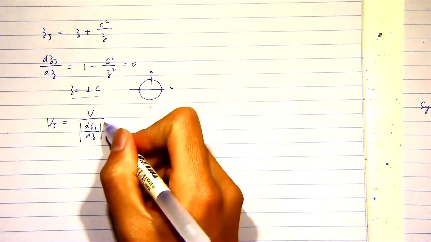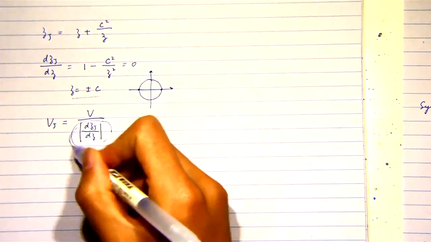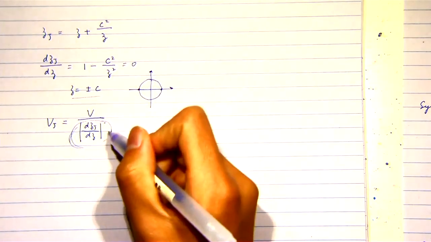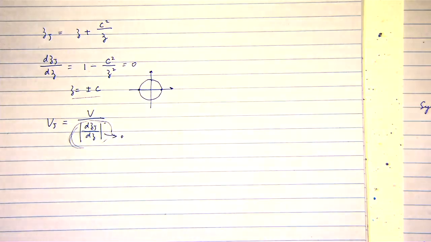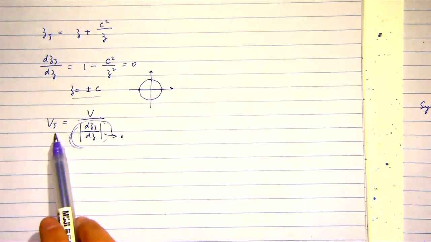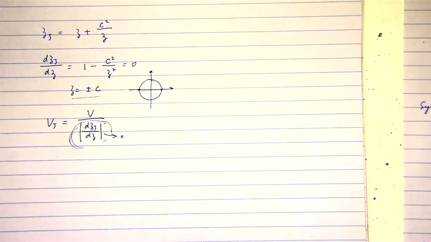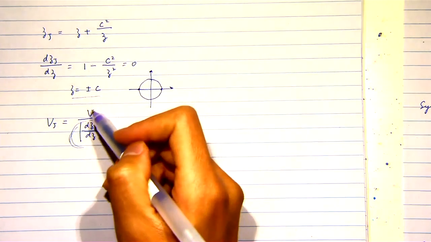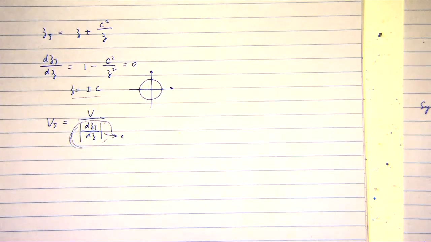If we take a closer look at this term, at the two critical points this magnitude goes to 0, which means Vj will go to infinity, if V is non-zero. So here comes the Kutta condition.